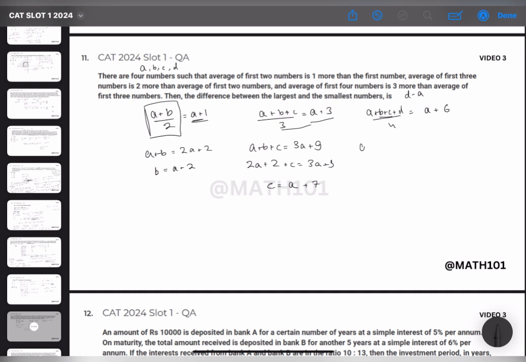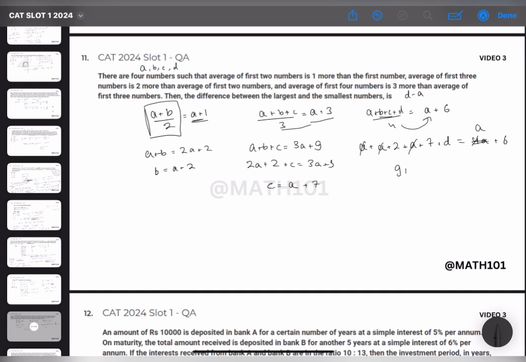Substituting b and c here, a plus b is a plus 2, plus c is a plus 7, plus d equals 4a plus 6... there we have 4a, so 4a minus 3a, we are left with a.